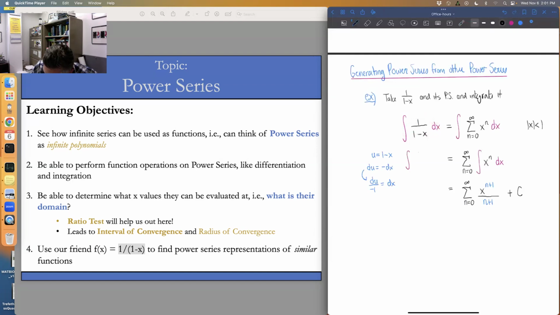So we have 1 over u, and then substituting in the du over minus 1 for dx, we have du over minus 1. And that minus 1 is just a constant, so we can pull it into the front of the integral. And well, looking at the antiderivative of that left-hand side, we get the natural log of the absolute value of u. So we have, on the left-hand side, minus the ln of u in absolute value.